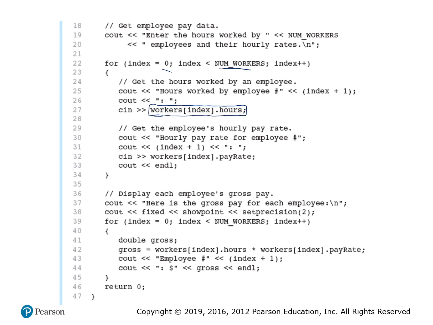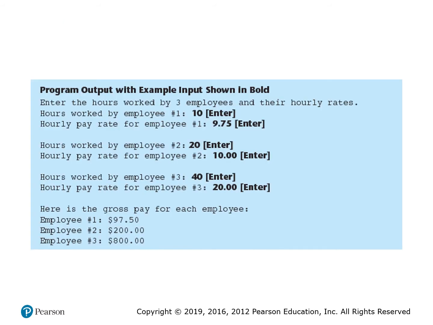Workers at index.hours is just an integer. Workers at index.pay rate is just, well, that's going to be a double, right? And this shows you how you can take in those numbers and then use them to calculate gross pay for each employee.